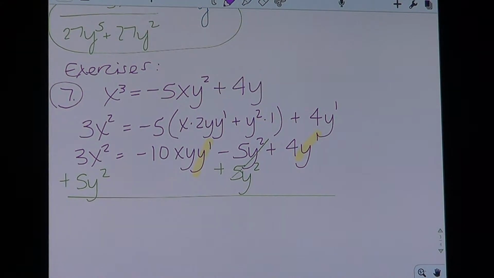I knew what I wanted to do. Let's go ahead and factor that out. So factor out the y prime.